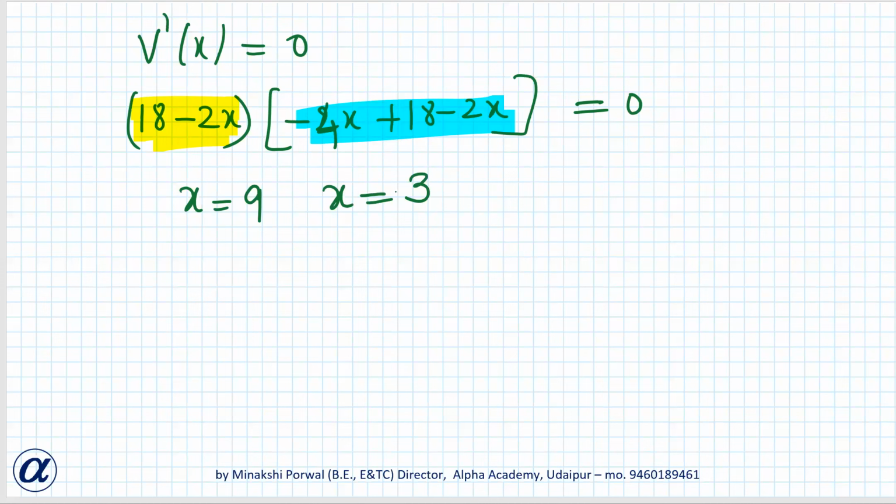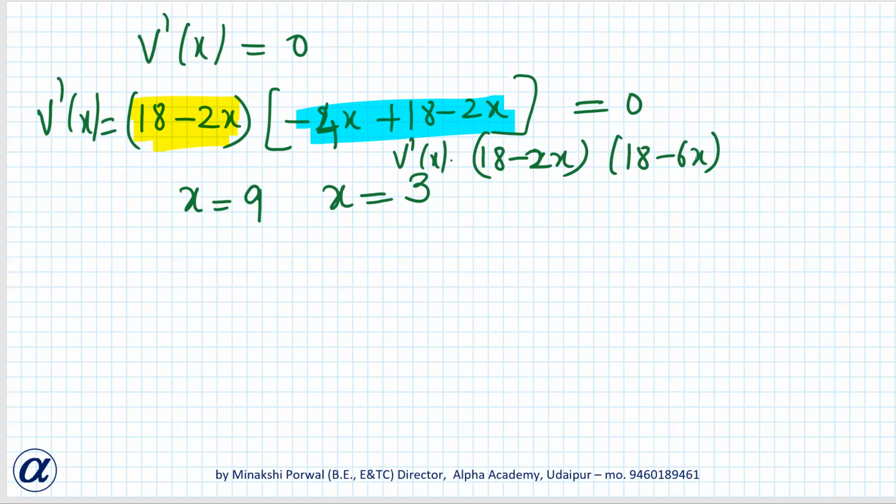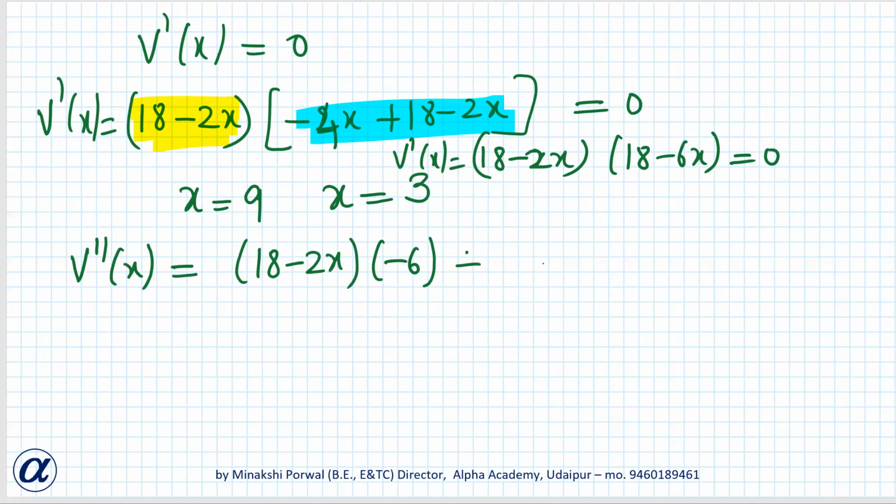Okay, now this we can rewrite 18 minus 2x into 18 minus 6x. This is v dash x, which we have put equal to 0. Now v double dash x, just to find whether the maxima or minima is there: first into d by dx of second plus second into d by dx of first.